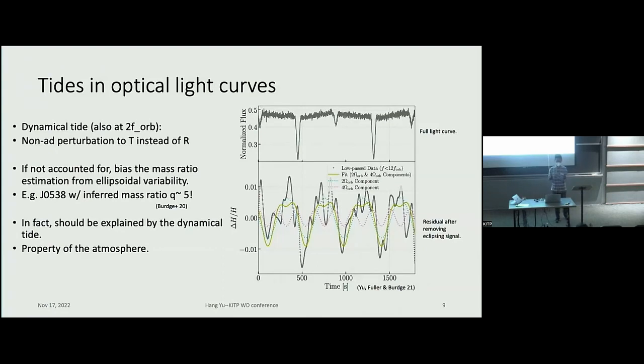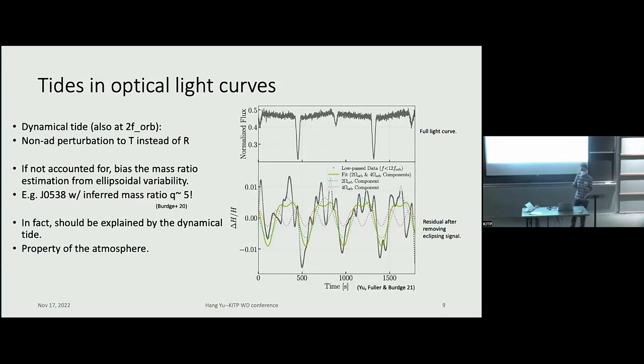But this time, the dynamical tide is non-adiabatic, it changes the temperature. If we don't account for this effect carefully, then it will bias our mass ratio estimation assuming ellipsoidal variability.